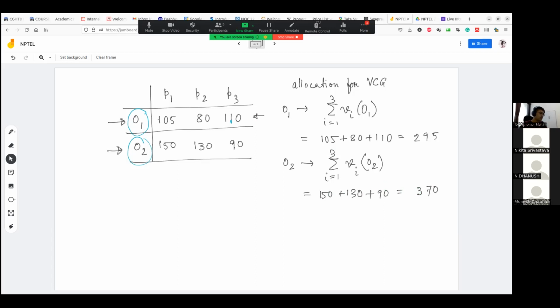So which one of these outcomes should be chosen in the VCG mechanism?